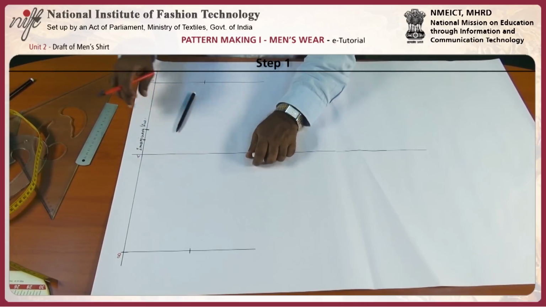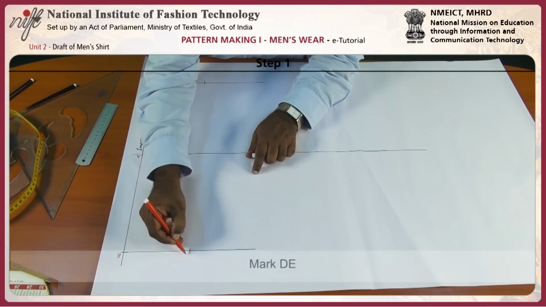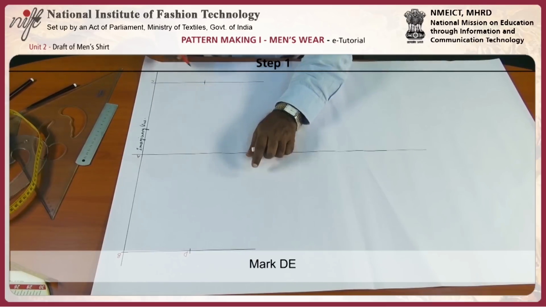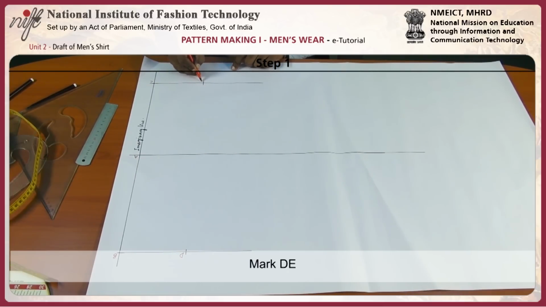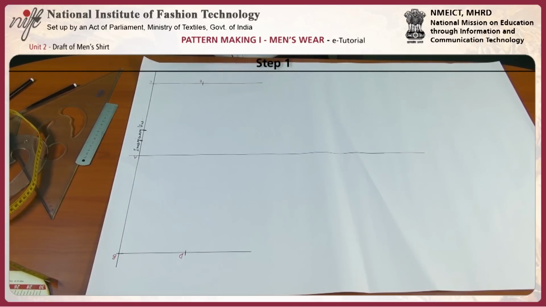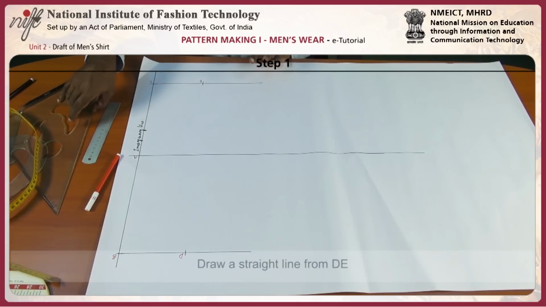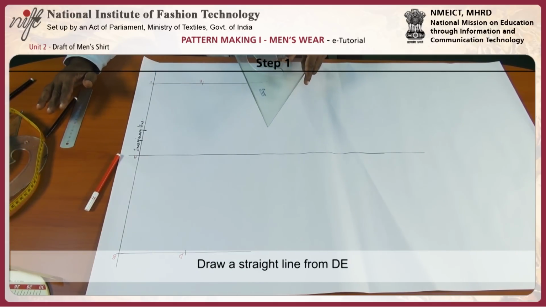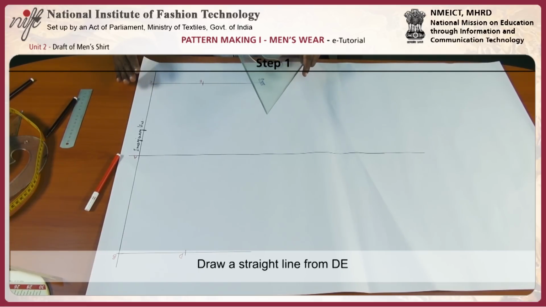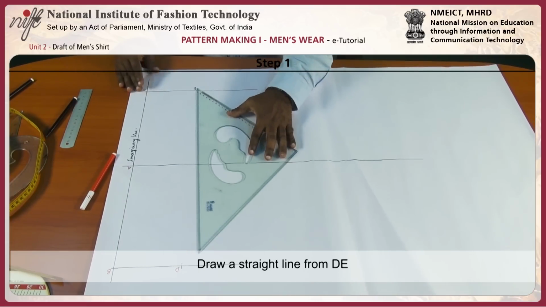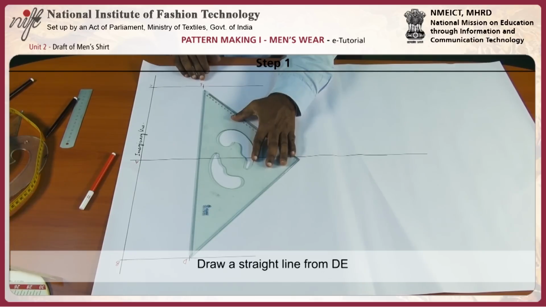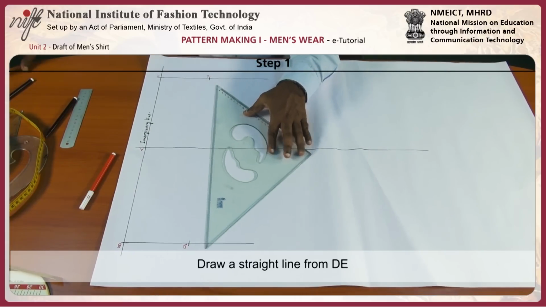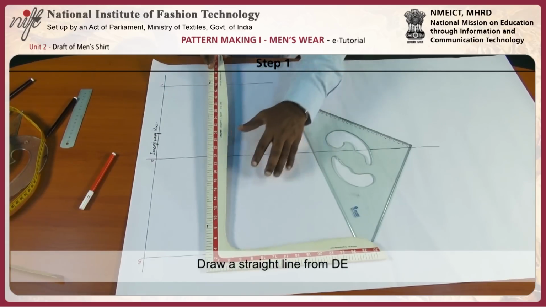This will be point D and this is point E. Draw a straight line from point D to point F. D and E can be joined.